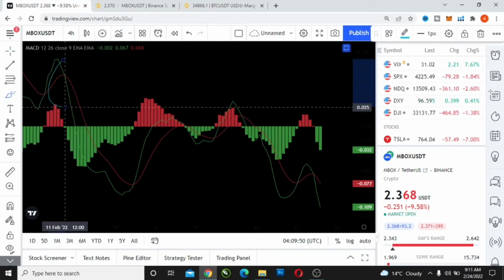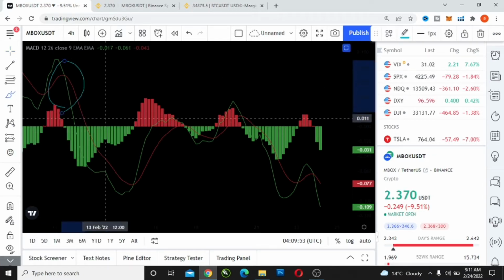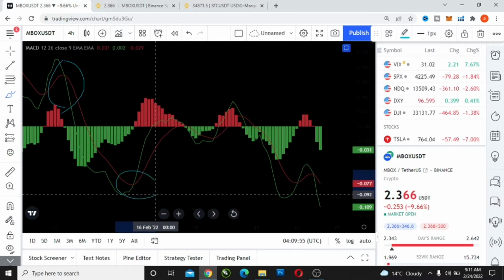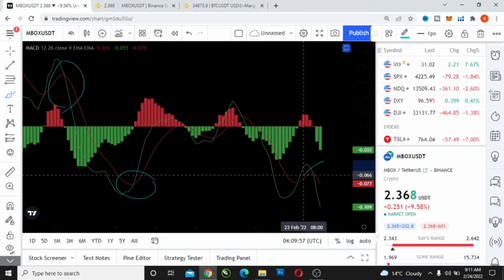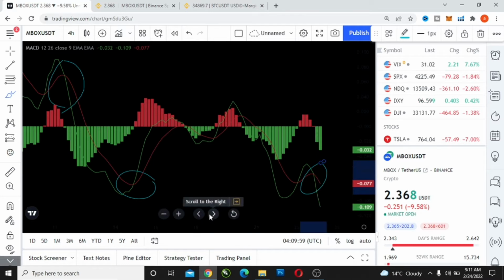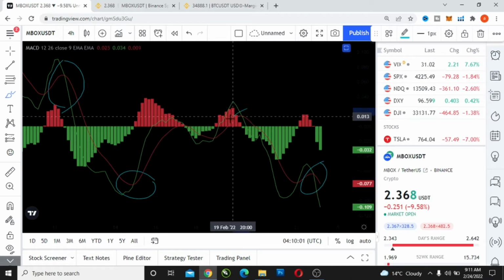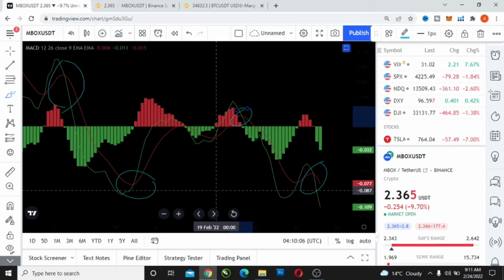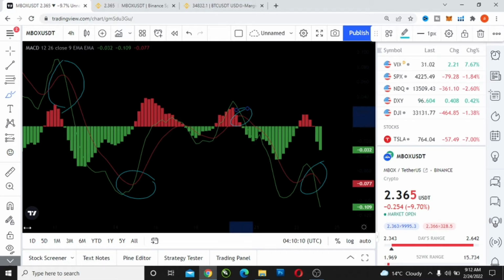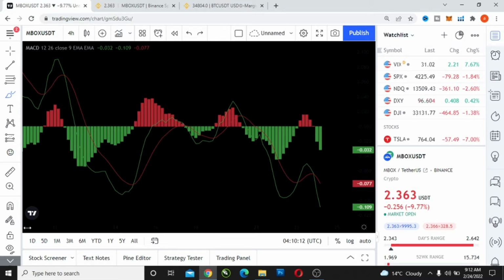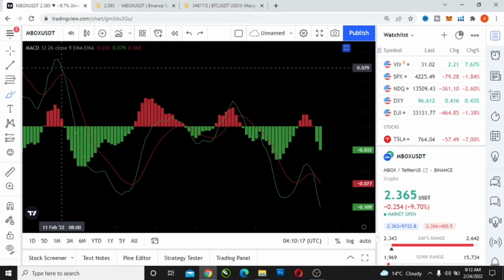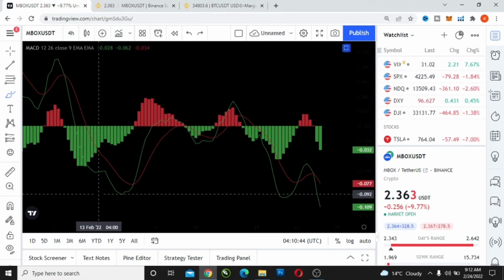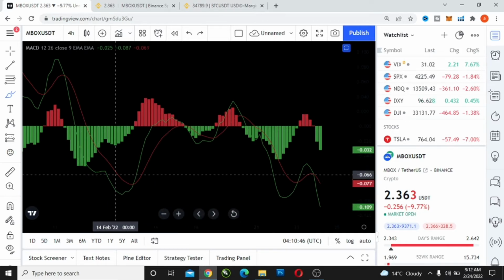You can see the crossover at this point, then a crossover at this point. Likewise, there is a crossover at this point, then there is a crossover at this point. So these are the crossovers that I want to explain as an example. Let me remove all these.